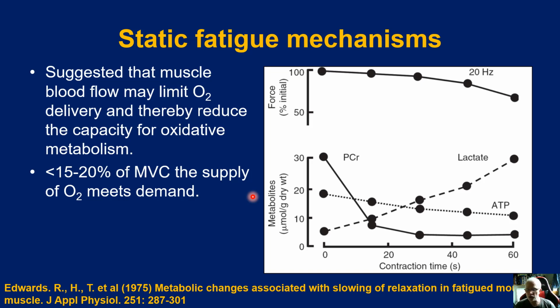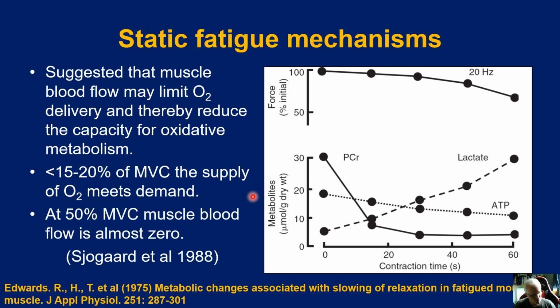So oxygen supply is not limited at around 15 to 20% of the MVC. However, as is reported in this reference from the late 80s, when we hit around 50% of the MVC, muscle blood flow is almost zero. Now there is your connection.